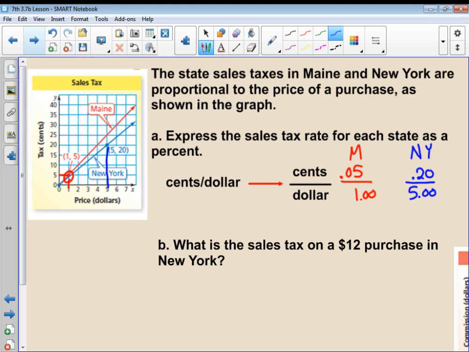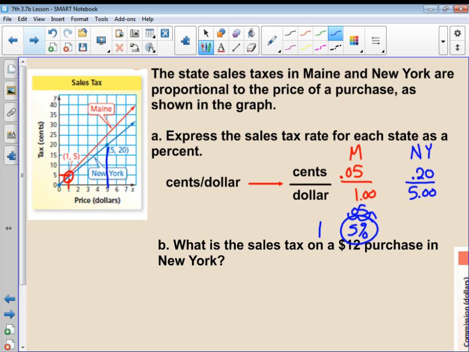Okay, so when we work this, we have to figure out the percentage. To change a fraction, which we have 0.05 over a dollar, into a percent, we have to change it to its decimal form. So 0.05 divided by $1 gives me 0.05. Well, that's pretty easy. Now, as a percent, we would go 2 places to the right. So this is 5%.